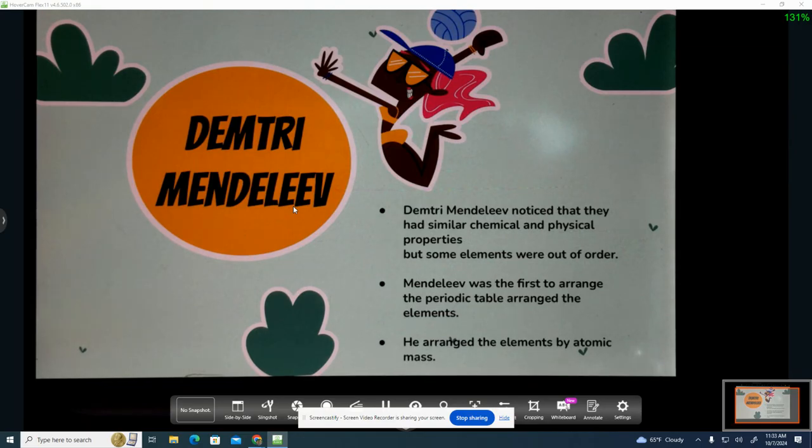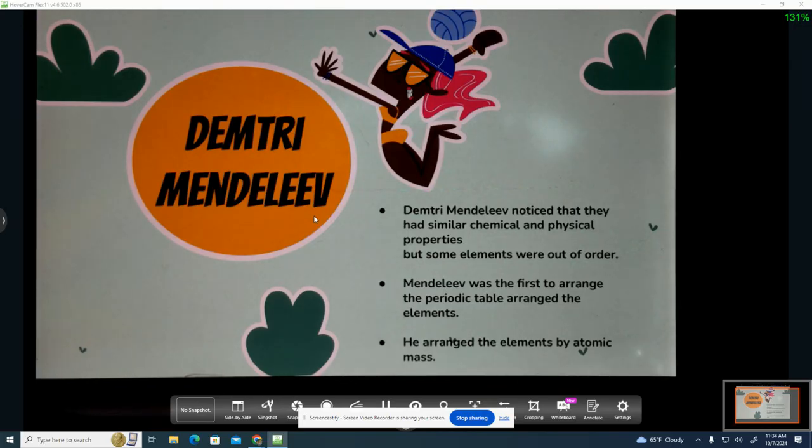So if all the elements around it were shiny, he said the element that fits here will also be shiny. And if it had a high melting point, he said it has a high melting point. If he saw that you had elements that were like 50 grams and 70 grams, he said the element that's between those two should be about 60 grams.